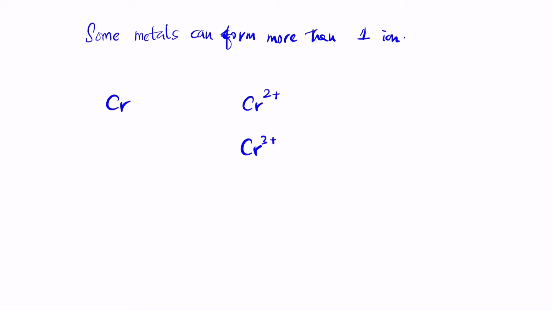In the same way, iron forms Fe2+ and Fe3+. You can also take copper. Copper is an element that forms Cu+ and Cu2+. So there are multiple versions of these elements.